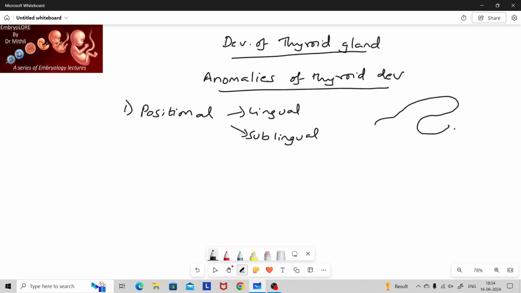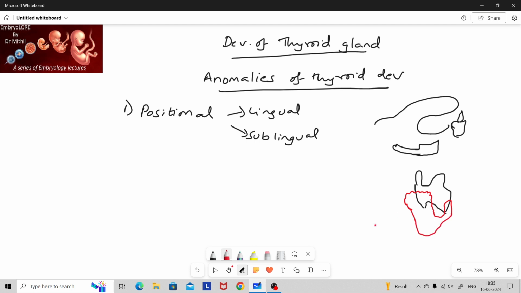Okay, so here if you observe, this is the tongue and teeth, and here this is the hyoid bone. And here we will be seeing the side view, that is the thyroid cartilage. So this is the thyroid gland, lateral view.